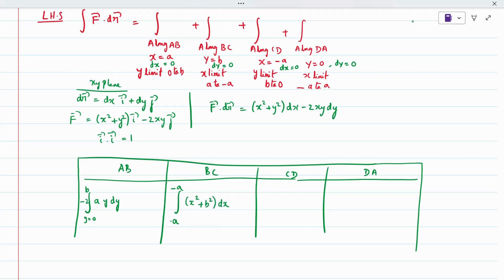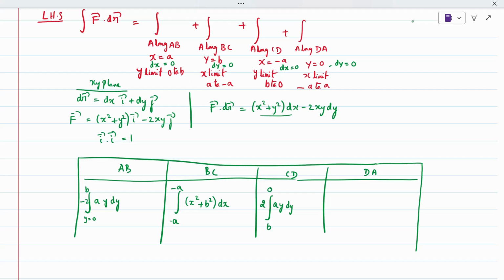Okay. So in the third, same way, when I write x equal to minus a, dx is 0. So this is fully 0. So x equal to minus a, x is minus a, already one minus symbol, so plus 2 into a, y as it is, dy. Limit is nothing but b to 0.